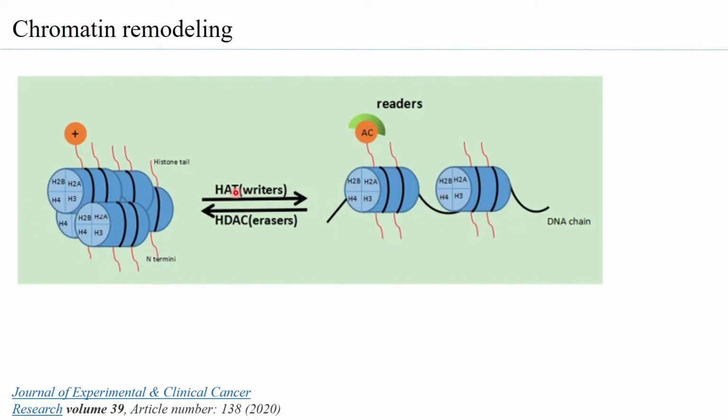These histone acetyltransferases, on acetylating the histone tails of the nucleosomes, make the chromatin more accessible to non-histone proteins. If you have histone deacetylases, they remove the acetyl group, so they are called erasers. And if they remove the acetyl group, you can see how the DNA becomes condensed again.